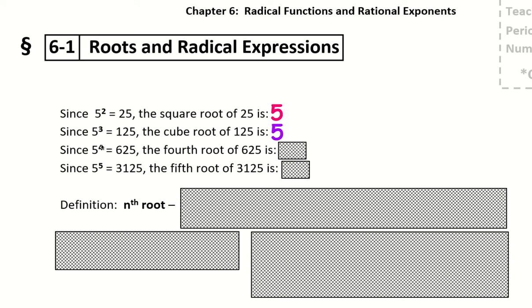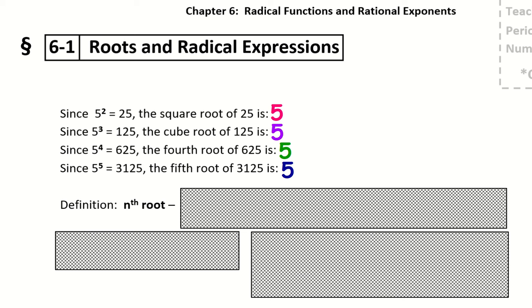And it says it right here. This is a sort of sequence, a progression, right? It's also 5. And then, of course, since 5 to the fifth power is 3,125, that means the fifth root of 3,125 is 5.